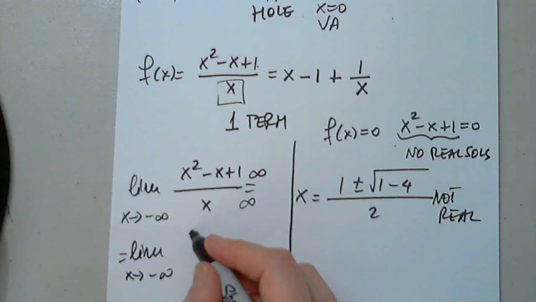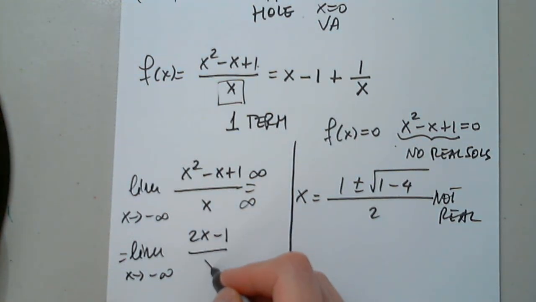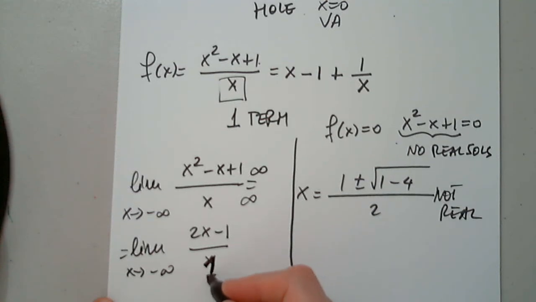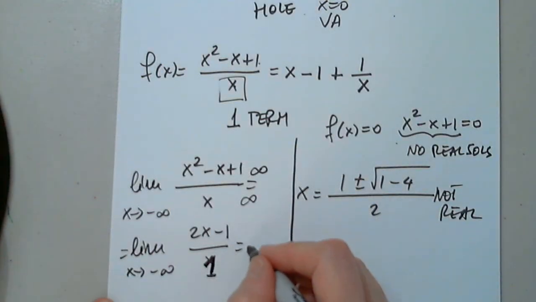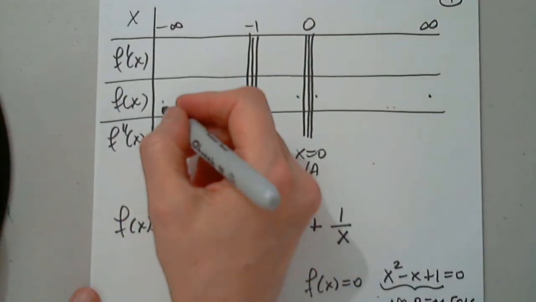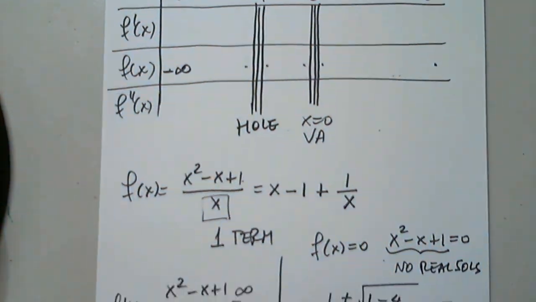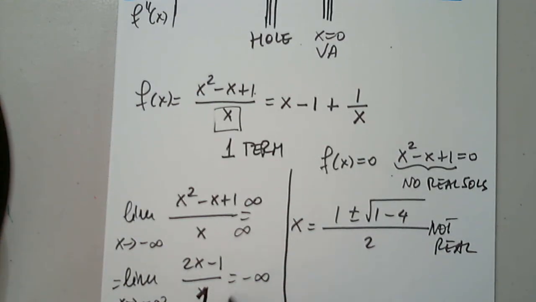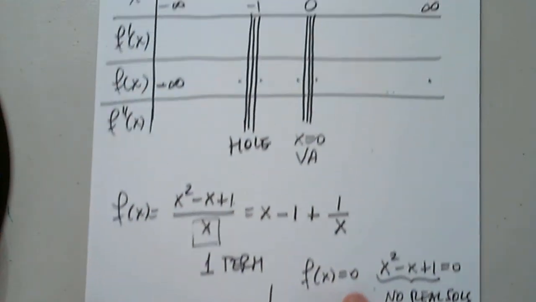I differentiate the top, 2x minus 1, I differentiate the denominator, I get 1. When I plug in again, I get -infinity. So this is done. In the same way, for x approaches infinity, it's the same thing, so this will be positive infinity.